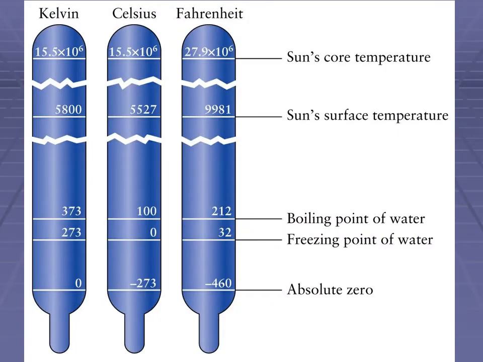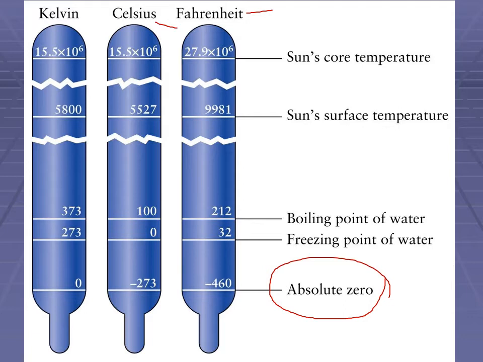In Wien's equation, there's a T for temperature. The question is, what kind of temperature do you measure? In the United States, we often use Fahrenheit. In many other countries and in most of the sciences, we use Celsius. It turns out neither one of those is really the right temperature. What we want is zero temperature to be absolute zero.